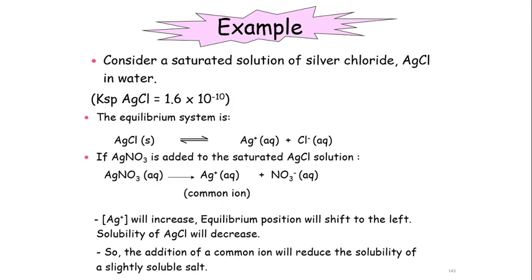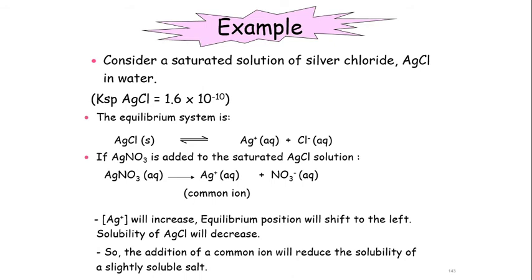This will shift the equilibrium position to the left, which means to produce more AgCl. As an effect, the solubility of AgCl will decrease. In conclusion, the addition of a common ion will reduce the solubility of a slightly soluble salt.